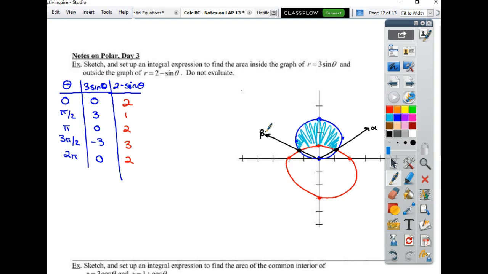Between those points, I don't want to have this region at all, do I? I want to take this and find the area from here to here, because that would give me all of that. But then I really want to take the area inside the blue and then do what? Subtract the area inside of the red, right?